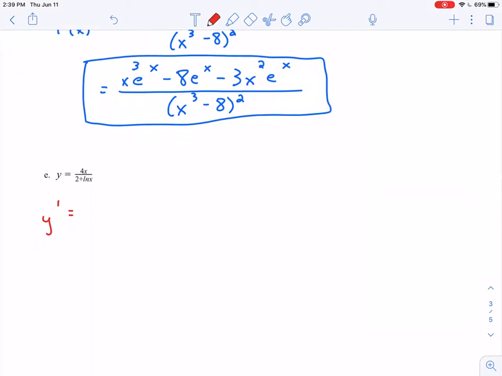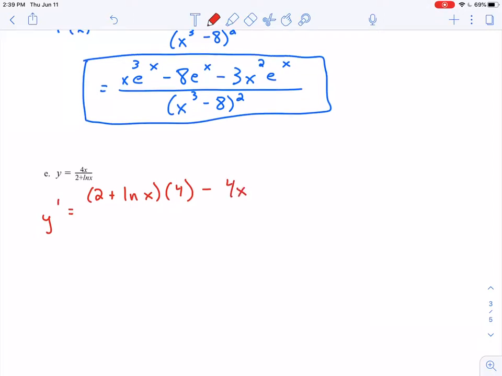But let's go ahead and use our quotient rule here. Y prime, we'll say low, so that's going to be 2 plus natural log of x. D high, derivative of my numerator, that's going to be 4, minus high, that's 4x. D low, derivative of my denominator, derivative of 2 plus natural log of x.